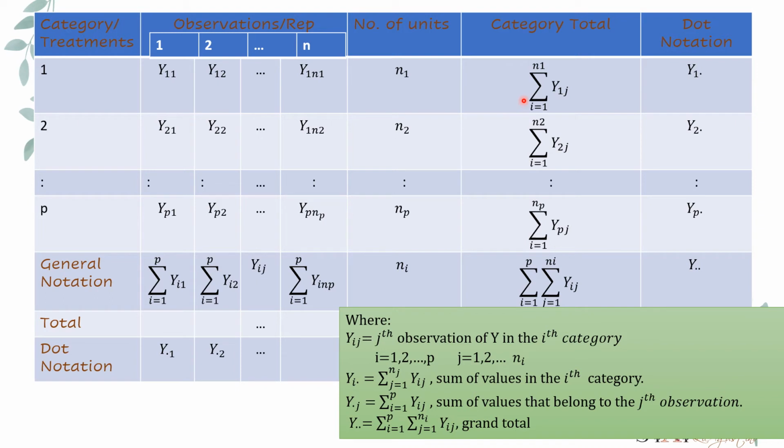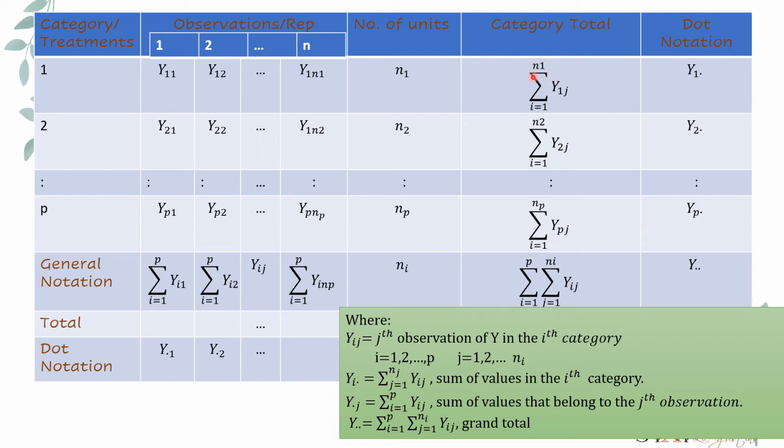And then, what is this category total? Instead of writing the category total, I can use this expression, the summation of y1j. It's a typo, it is j, where j ranges from 1 to n1. If I write it this way, I'm talking about the total of treatment 1, because my upper limit is n1.